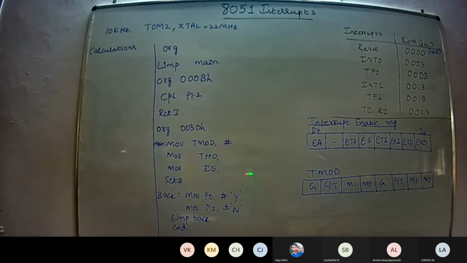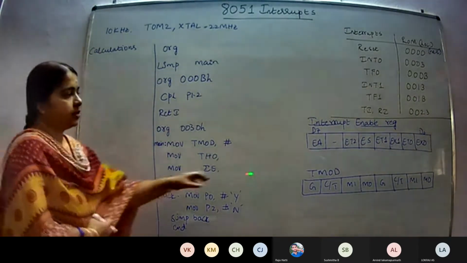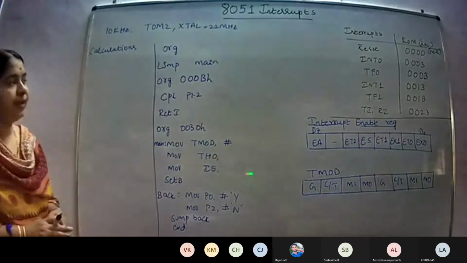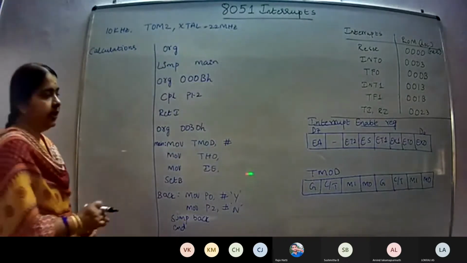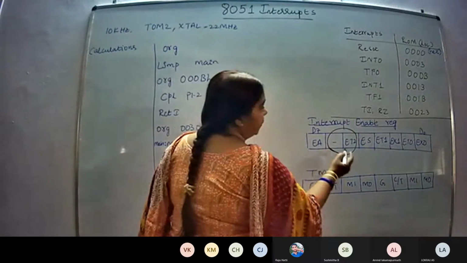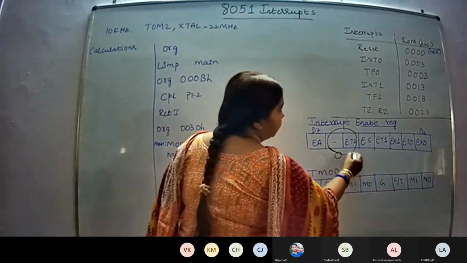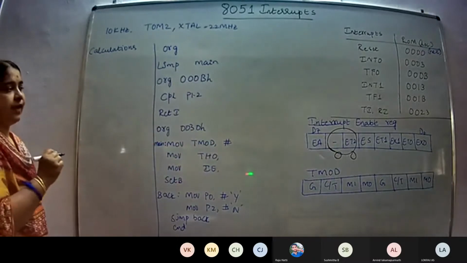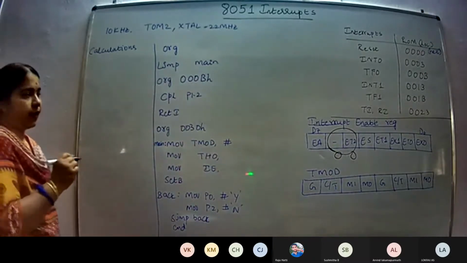Next we'll see the interrupt enable register. This is the interrupt enable register with 8 bits from D0 to D7. The two bits, one unused and ET2, are not used and will always be 0. The first one, in D7, is EA. This is very important.